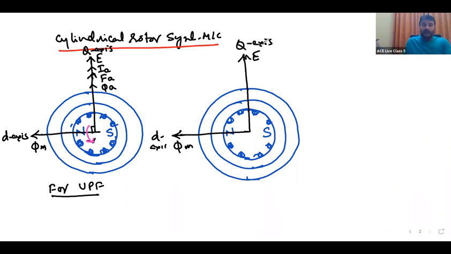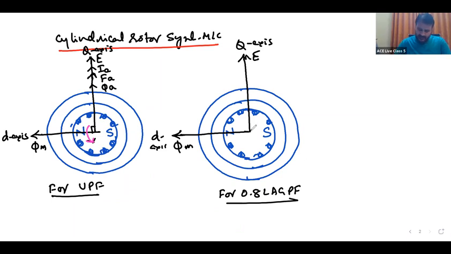Now I want to draw for 0.8 lagging power factor. This diagram is for 0.8 lagging power factor. Here IA lags with some angle.